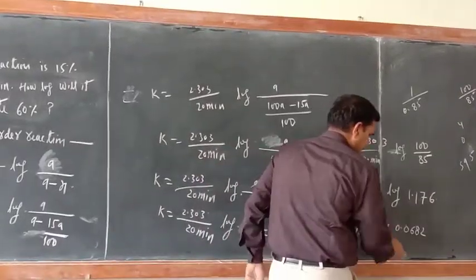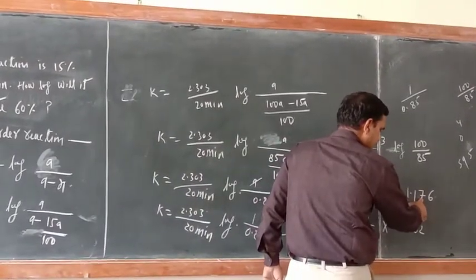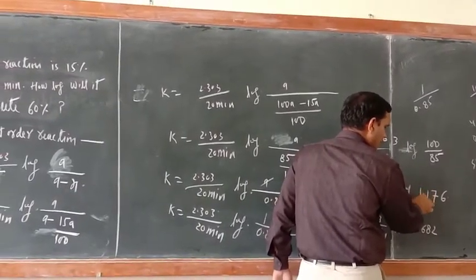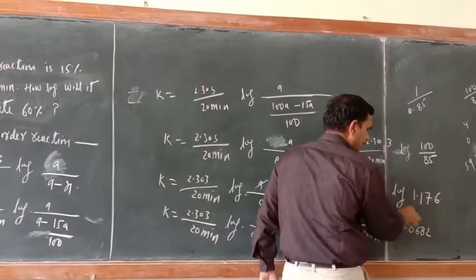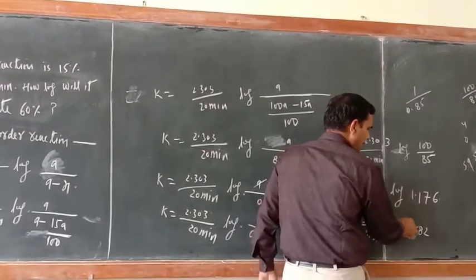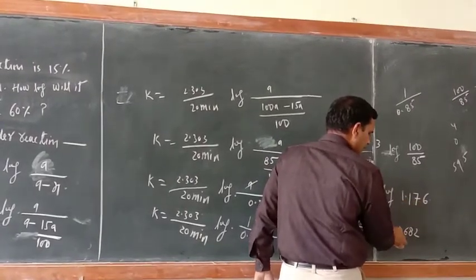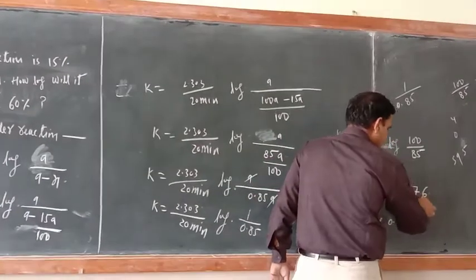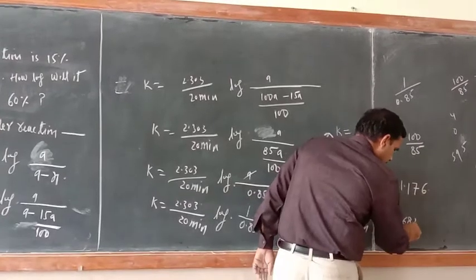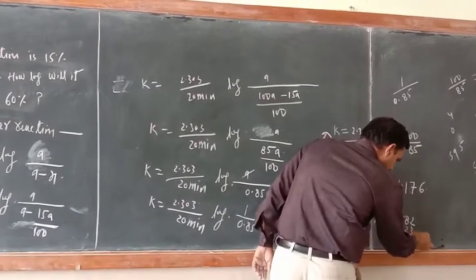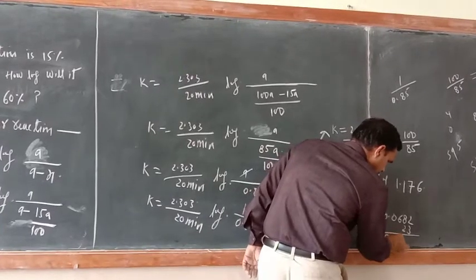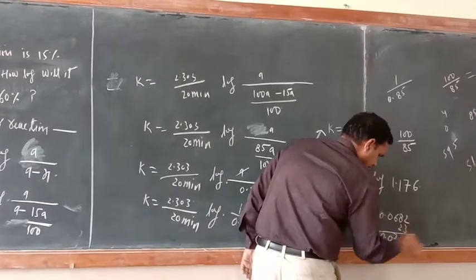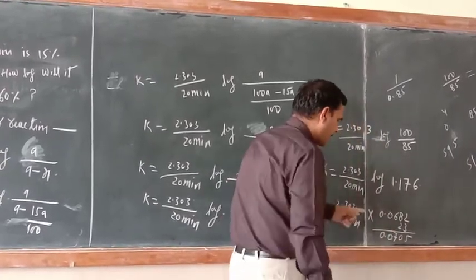So dear cadet, just see the log table. Before the decimal there is one, the characteristic 1. Now 0.11 at 7, if you see, you will get 0682. Now if you see the mean difference for 6, their value is 23. So if you add this, you will get 0.0, here 5, here 10, and here 7. So directly I am not writing this value and this value.